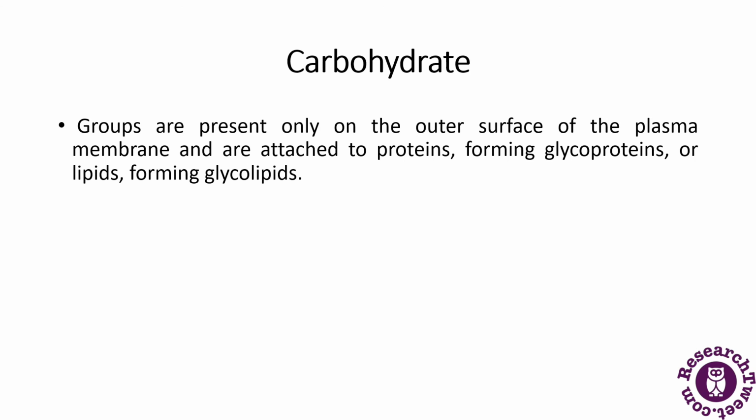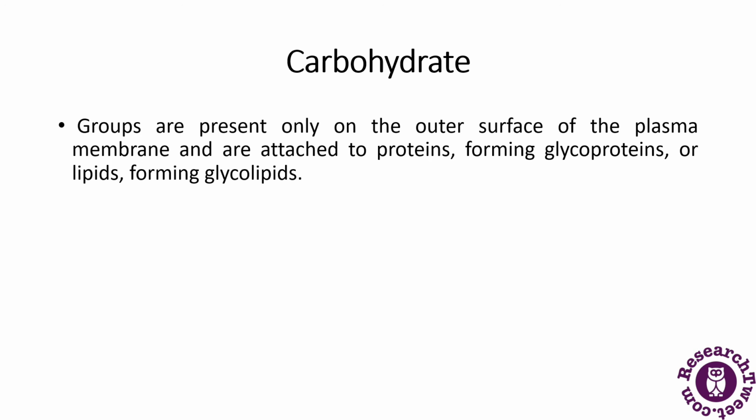Next we will discuss carbohydrates. Carbohydrates are found on the outside of the cell, as depicted in the diagram itself, and are linked either to lipids to form glycolipids or to proteins to form glycoproteins. The chain of this carbohydrate can comprise 2 to 60 monosaccharide units, which could be branched or straight.